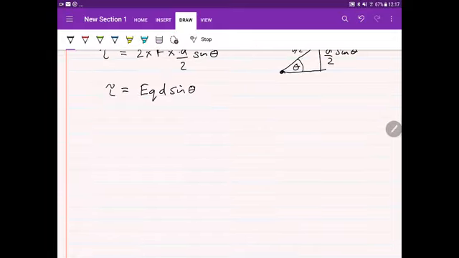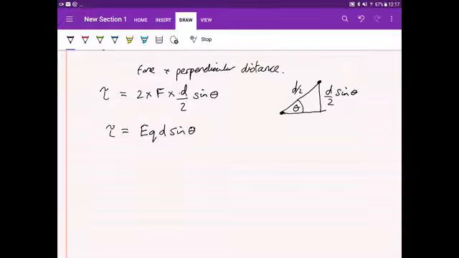So the work done to rotate that, the change in energy, I'm going to write as U, so that's going to be the work done to rotate the dipole.